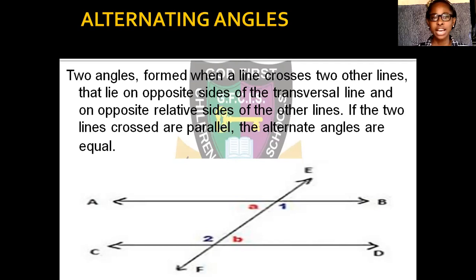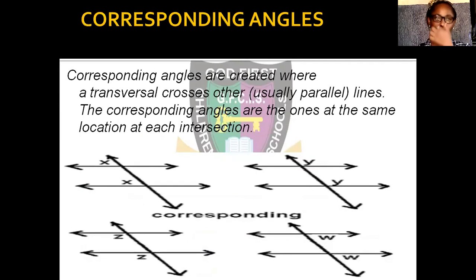So let's move ahead to corresponding angles. Corresponding angles are created where a transversal line crosses other lines, which are parallel lines, or crosses other lines, and the corresponding angles are the ones at the same location at each intersection.